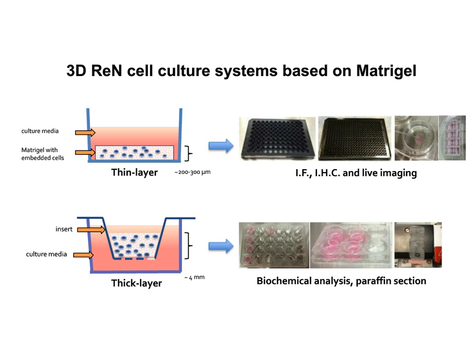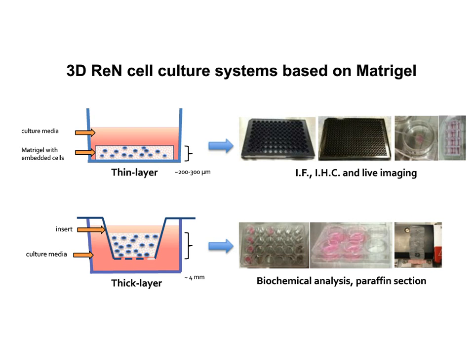So that's why we made a thin layer culture that fits into 96-well, 384-well, and other formats. It's about 200 to 300 micrometers, with 2 to 3 layers of cells. And the thick layer culture is actually big, almost close to the size of a mouse brain. They can differentiate very well in 24-well or 6-well dishes. We use them mostly for biochemical analysis, but we can now start doing paraffin sections of the thick layer cultures.